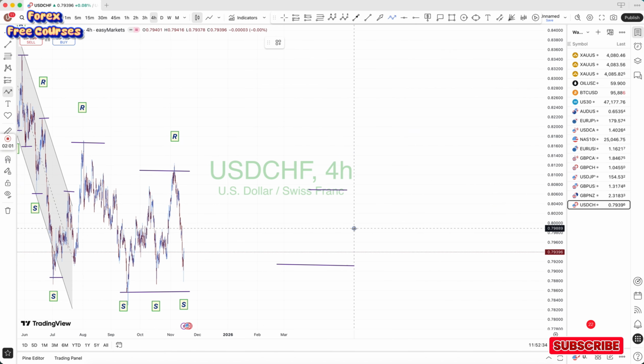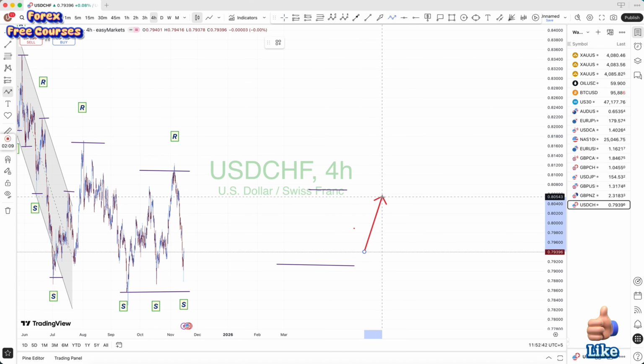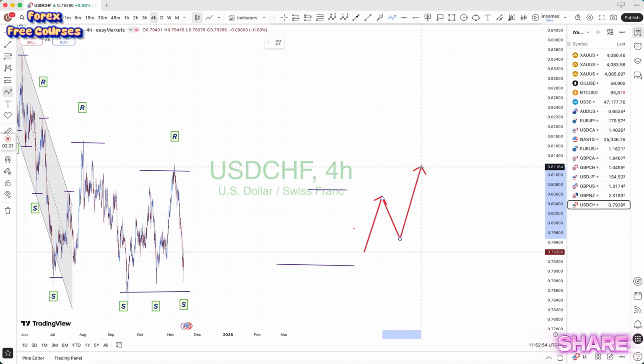Now understand again. Market made resistance here, as a wall. Resistance breakout.